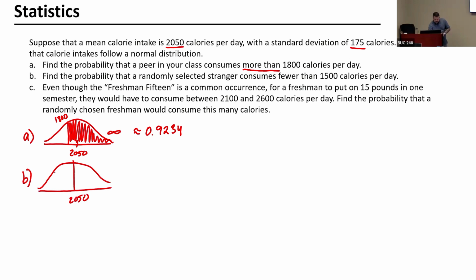I would think 1,500 to be roughly right about here. All I know is I'm going to be shading to the right or to the left. Exactly, now I'm looking at to the left. So I know this is going off to negative infinity, and my upper bound is going to be what? 1,500. Very good.